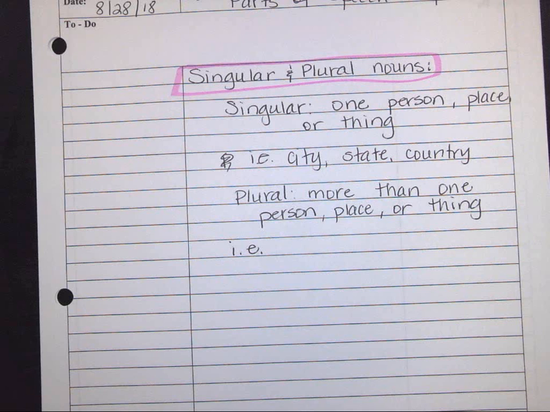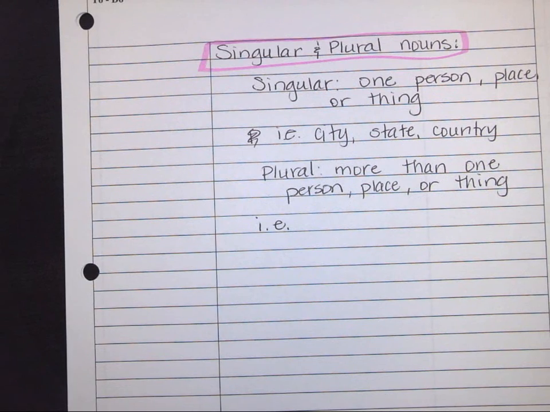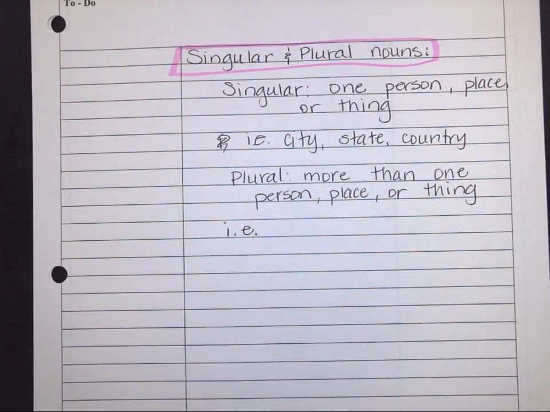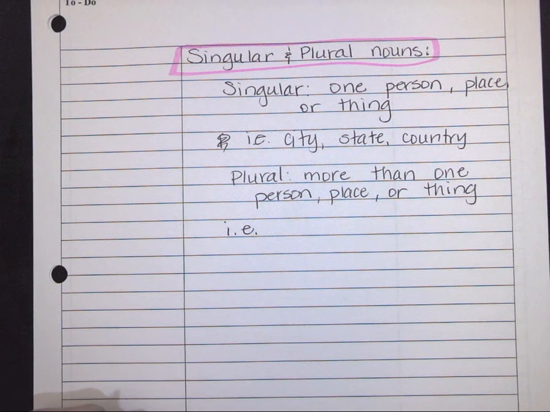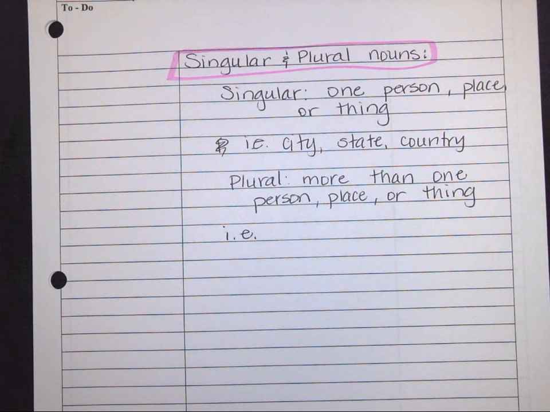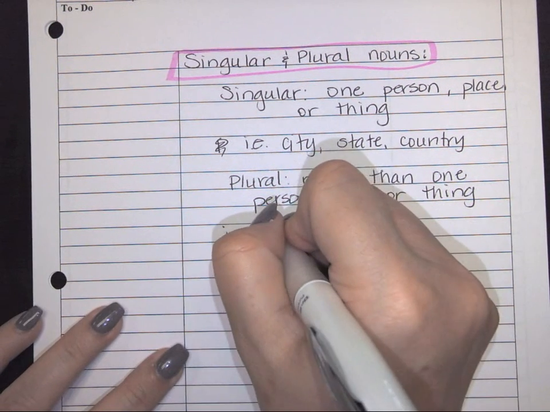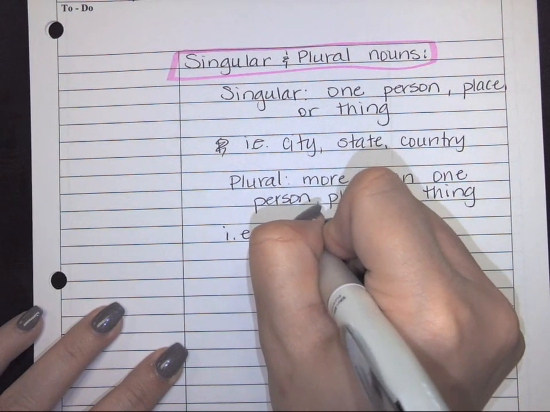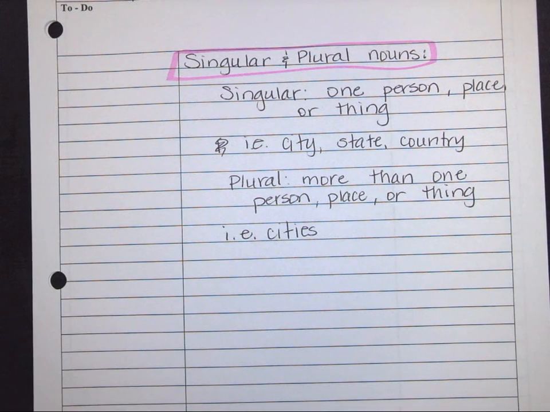Okay, and a plural noun is more than one person, place, or thing. So, what is the plural of city? What is the plural of city? Cities. C-I-T-I-E-S. Y changes into an I and you add an ES.